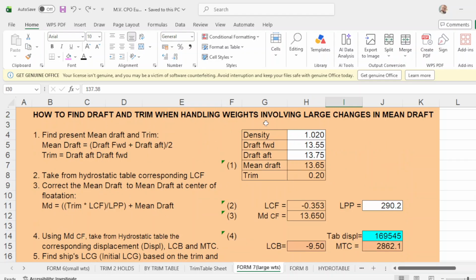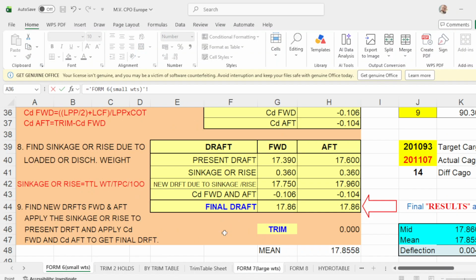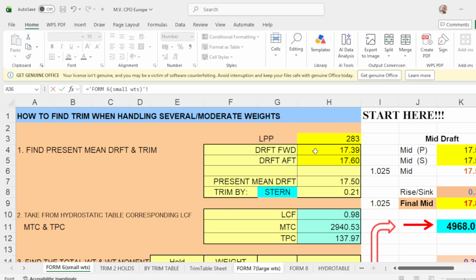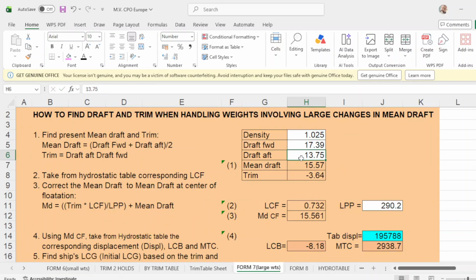We go to program number 4, which is for number 7, how to find drop, trim and handling weights involved in large changes. Our density was 1.025. Our initial drop forward, go here, you put it here, and aft is how much?